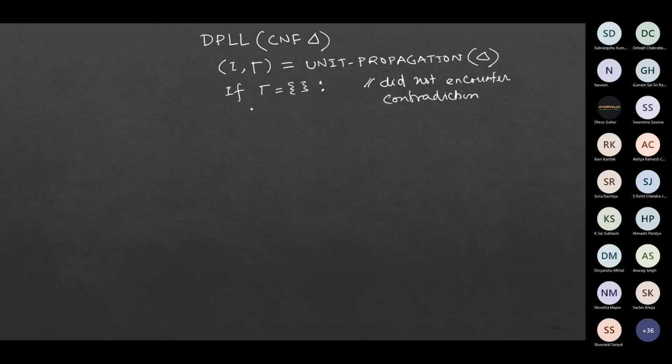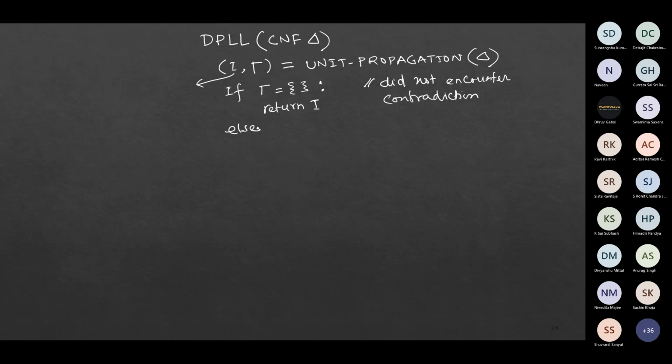right? So if that is so, what will we be doing? We have to return the assignments for which at least we do not have any contradiction. And what is the assignment we have? We have the assignment in the form of I. So we'll be returning I, right?